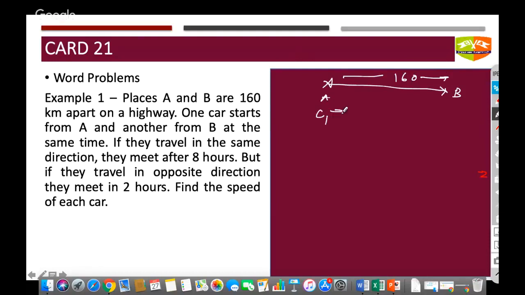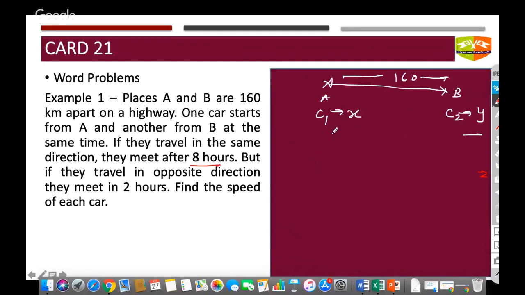Now car C1 starts from here and car C2 starts from B. So if they travel in same direction, so it means that what I need to do is, suppose the speed of car 1 is X and the speed of car 2 is Y. So it travels for how many hours? 8 hours. So it travels for, look at here, 8 hours.